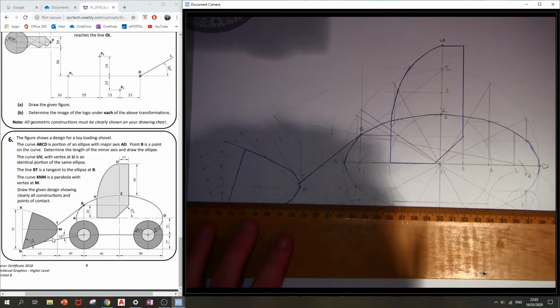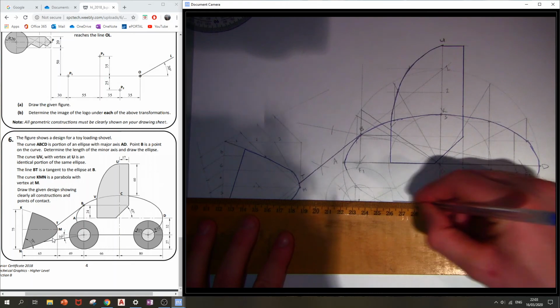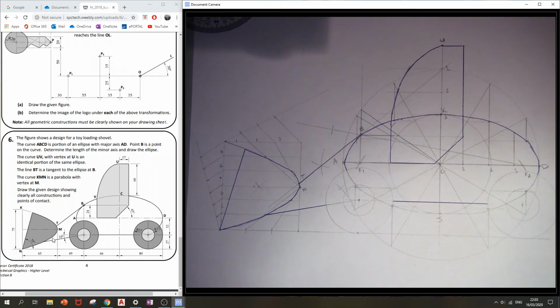Okay, this bottom section in here. Alright, and then yeah, so then it's just my wheels.